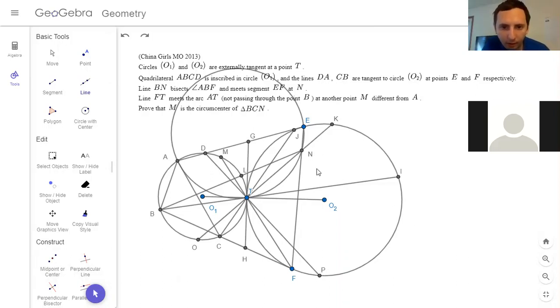But MC is KP. So you think you've solved it. So MC is parallel to FJ. KP is parallel to DO. MC. So you think you've solved it?